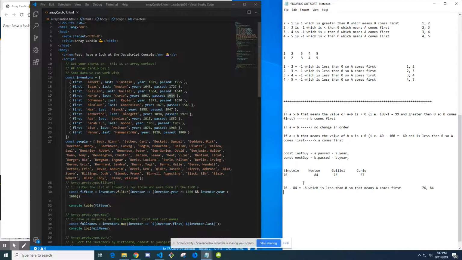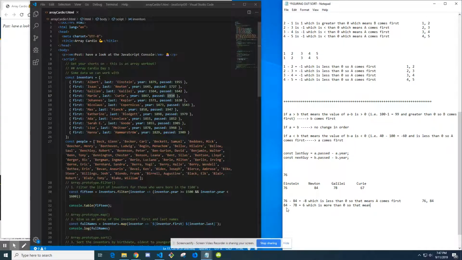It's going to put it on top of here like I did before. So now we're comparing 84 to 78. 84 minus 78 equals what? 6, which is more than 0.